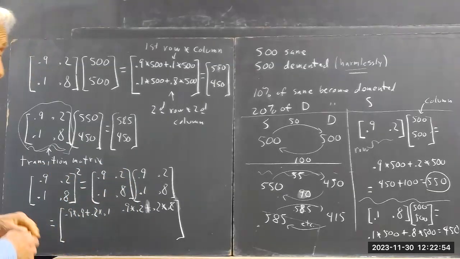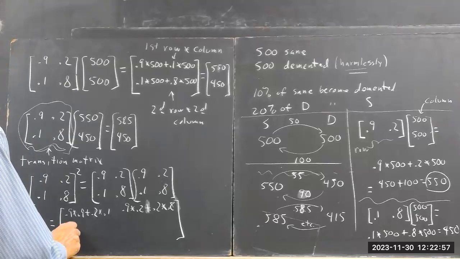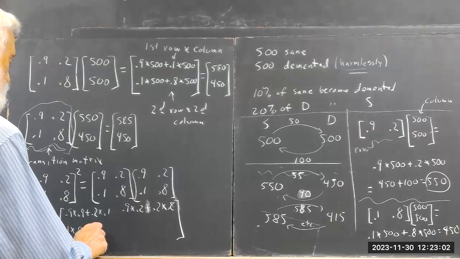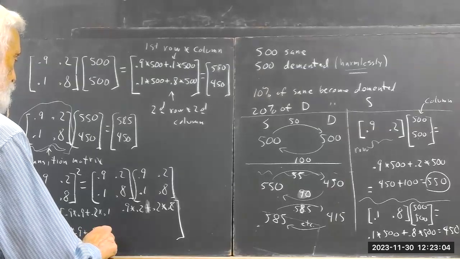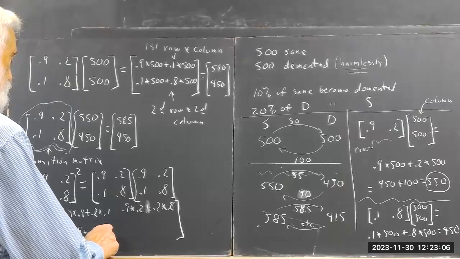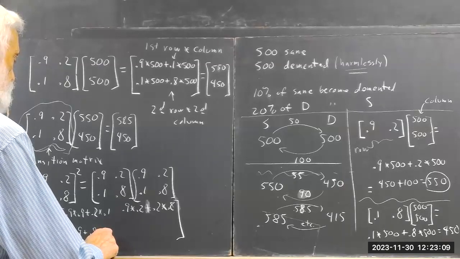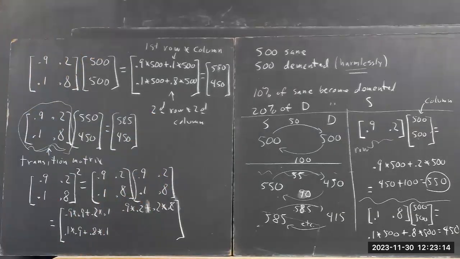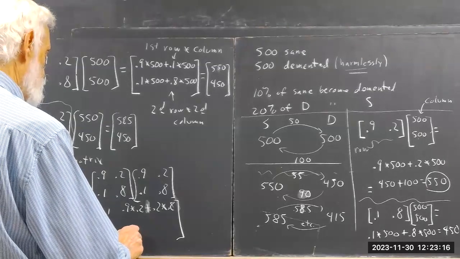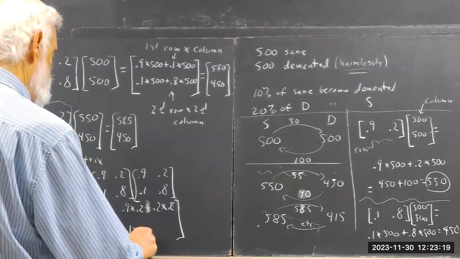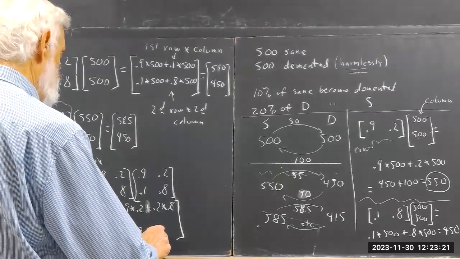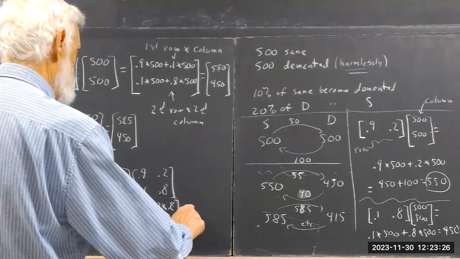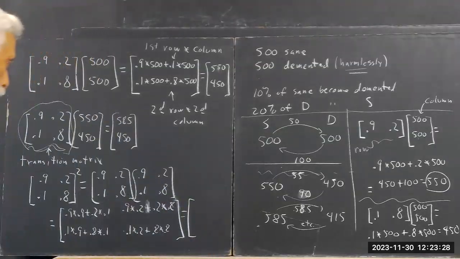So that's going to be 0.1 times 0.9 plus 0.8 times 0.1. And then we do second row, second column. That's 0.1 times 0.2 plus 0.8 times 0.8.